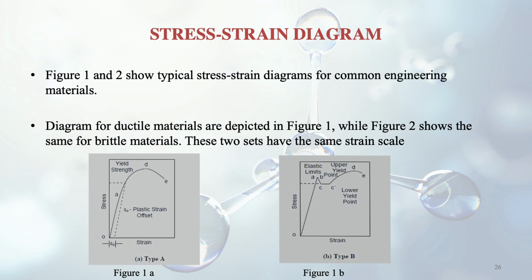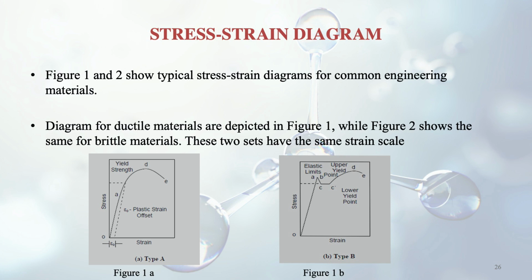Now the stress strain diagram. There are two figures which I will explain to you, showing typical stress strain diagrams for common engineering materials. The first diagram is for ductile materials and the second one is for brittle materials. First of all, what is a ductile material?